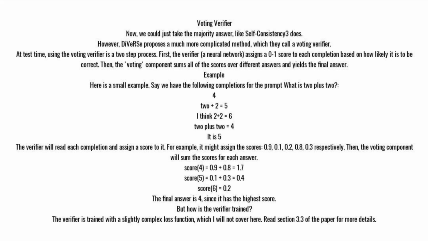Then, the voting component will sum the scores for each answer. Score 4 equals 0.9 plus 0.8 is equal to 1.7. Score 5 equals 0.1 plus 0.3 is equal to 0.4. Score 6 equals 0.2. The final answer is 4, since it has the highest score.